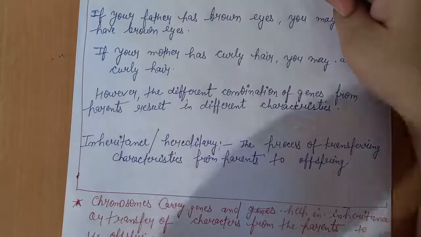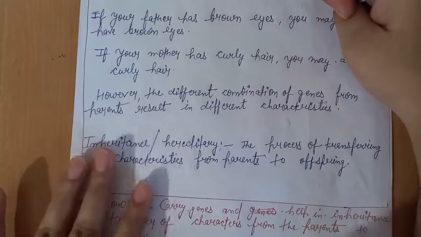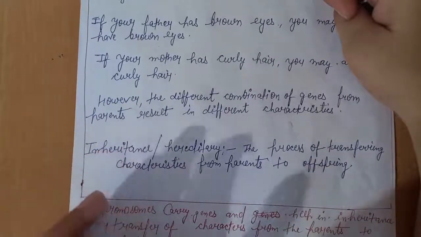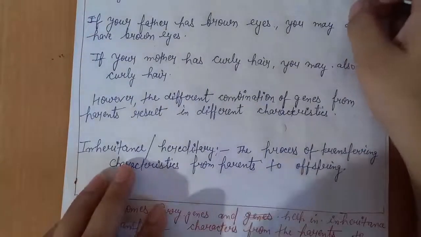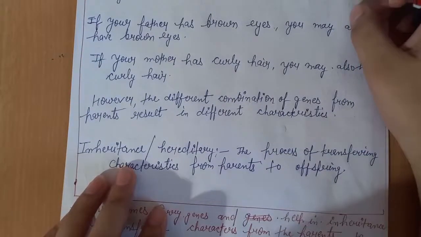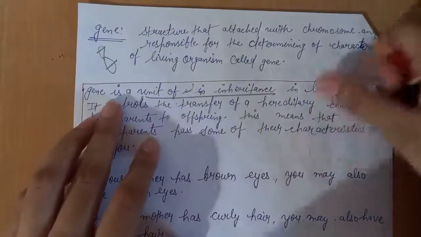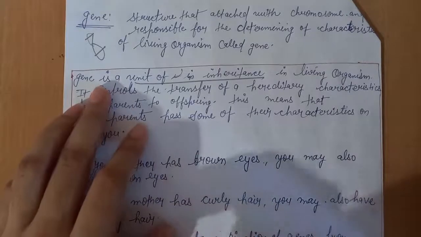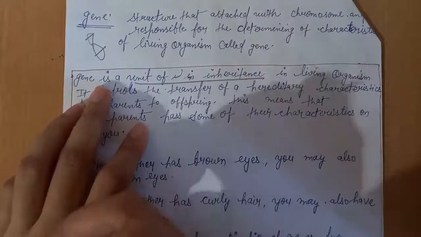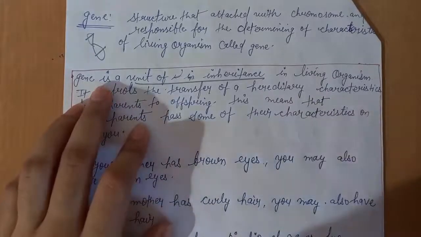You know that characteristics of a living organism are determined by genes. So because of genes, the characteristics are transferred from parents to offspring, and that process we call inheritance. So a gene acts as a data cable through which we can transfer things from one computer to another computer. So a gene acts like a data cable.